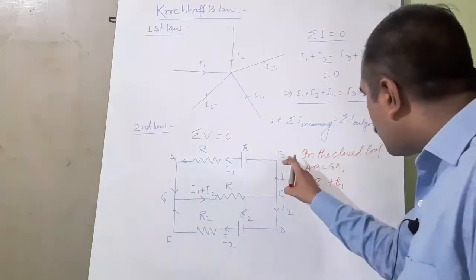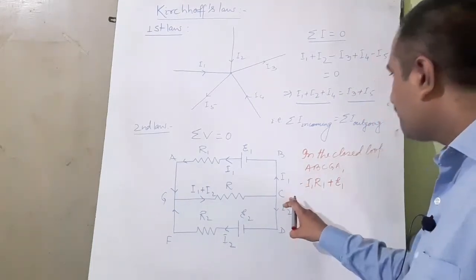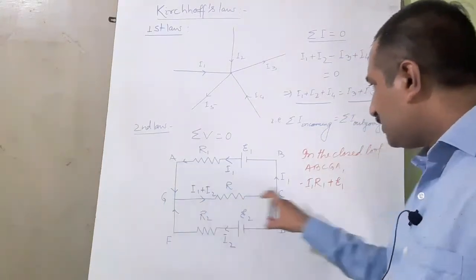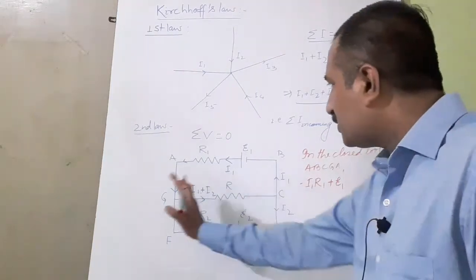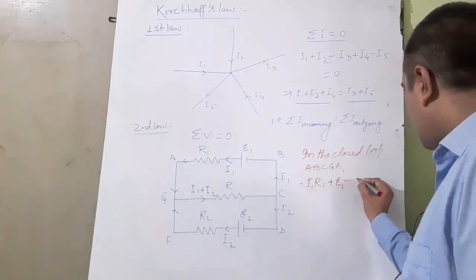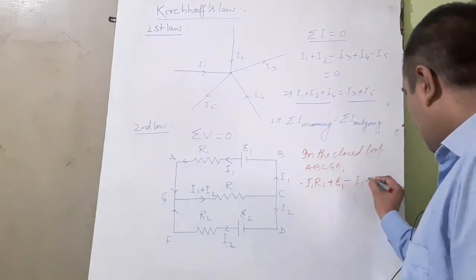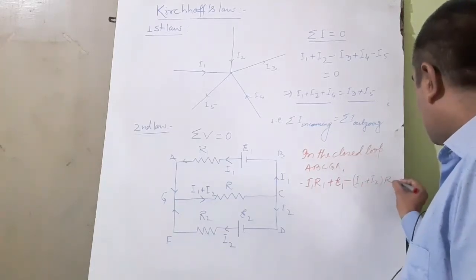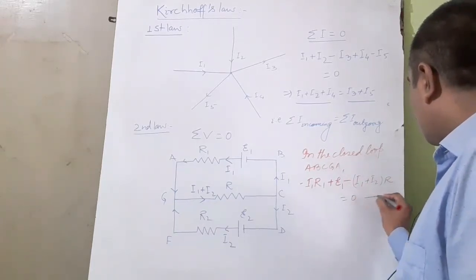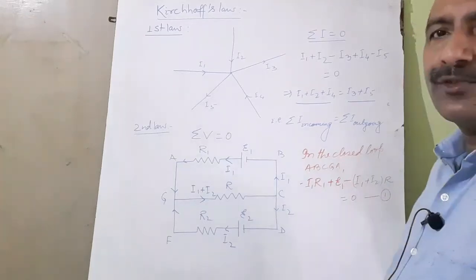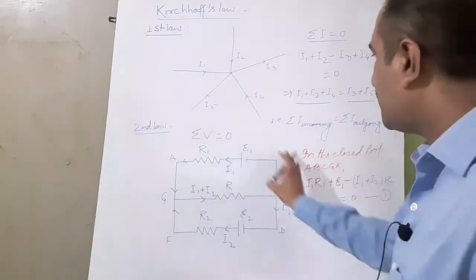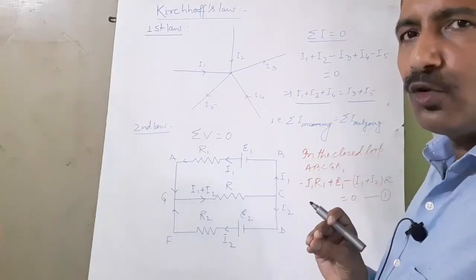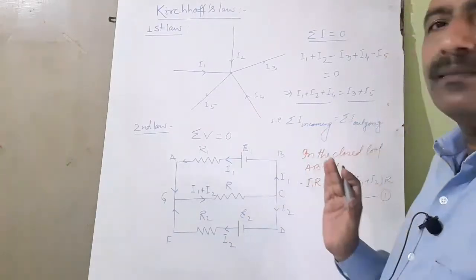Okay, so there will be no potential difference from B to C. Again from C to G, you see current is from G to C and we are going from C to G, so the potential difference will be negative, minus (I1 plus I2) into R, and this is equal to 0. Okay, so this is the first loop ABCGA. Is there any confusion? No. Hope you understand the voltage law.